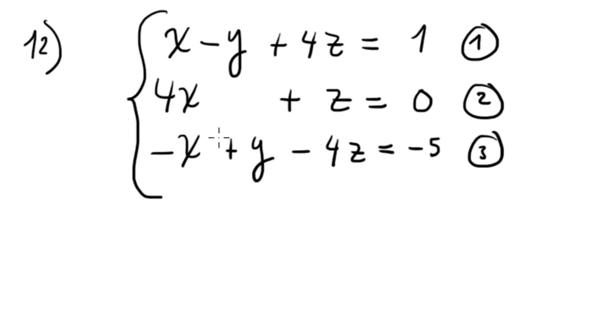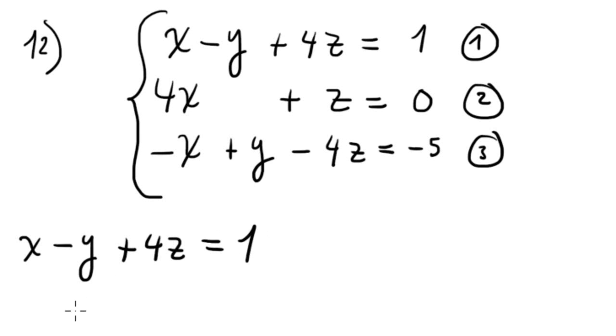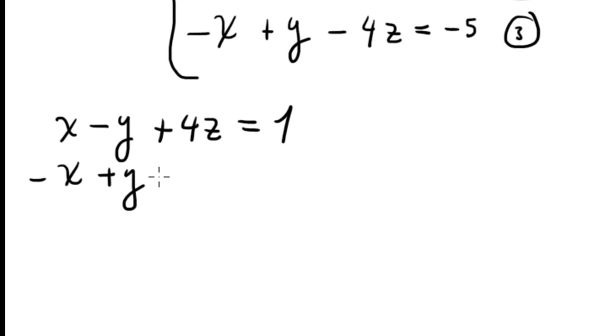Okay, for solving that, I propose you pair equation 1 and equation 3. x minus y plus 4z equals 1, and negative x plus y minus 4z equals negative 5.